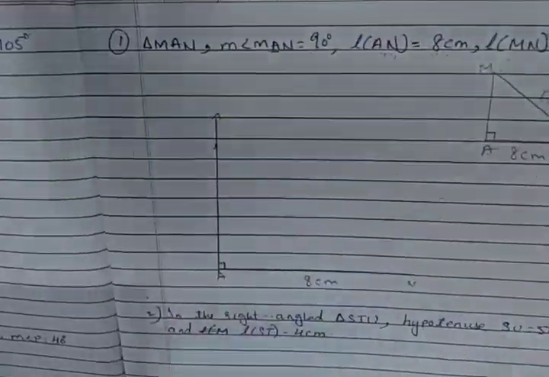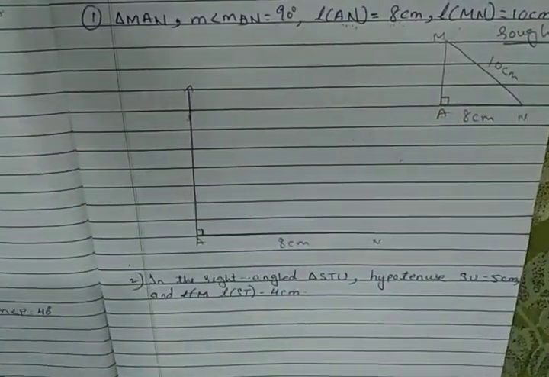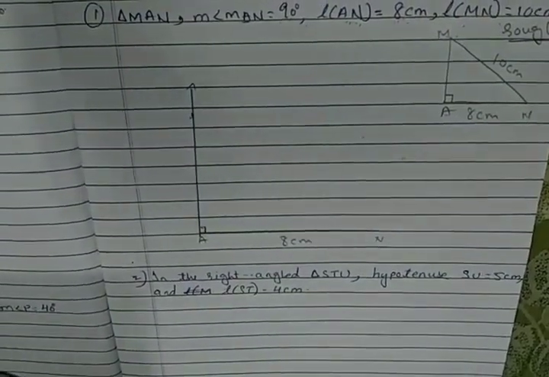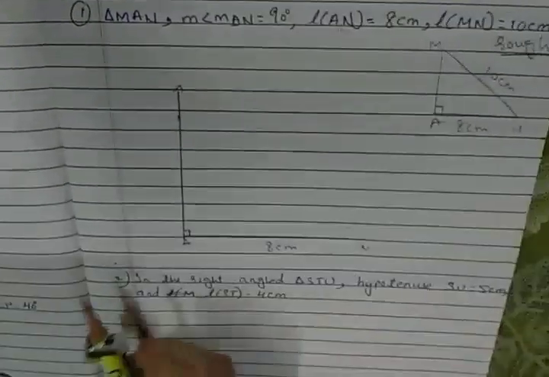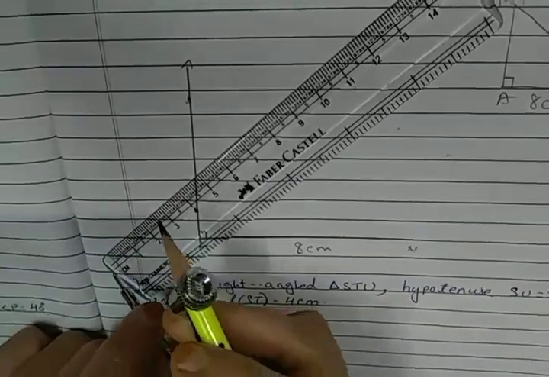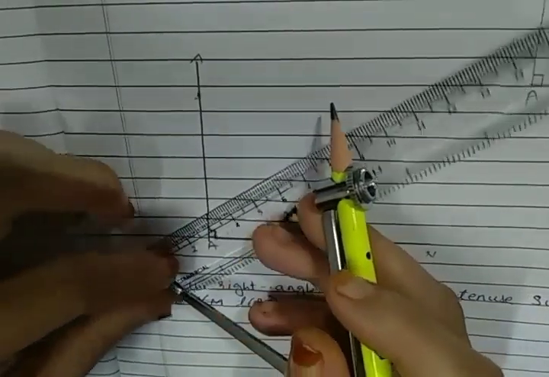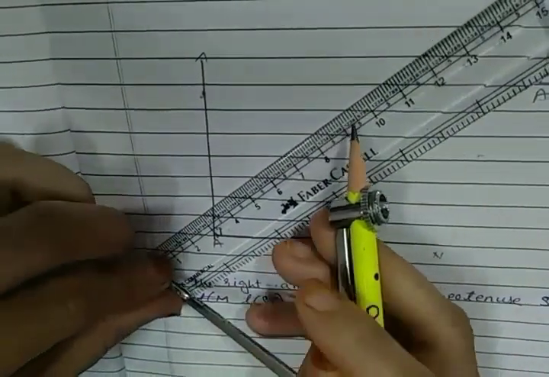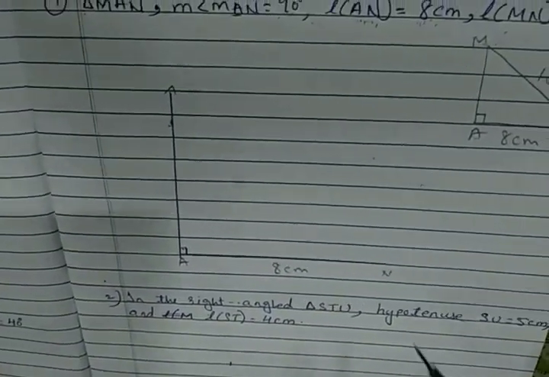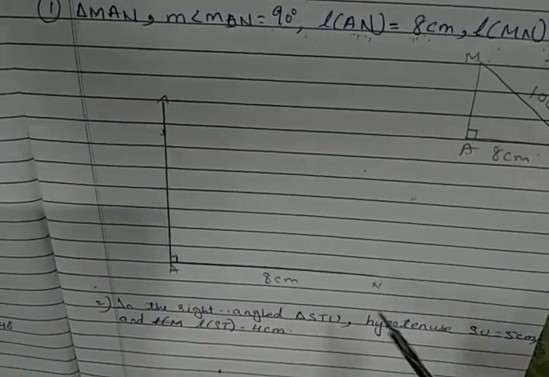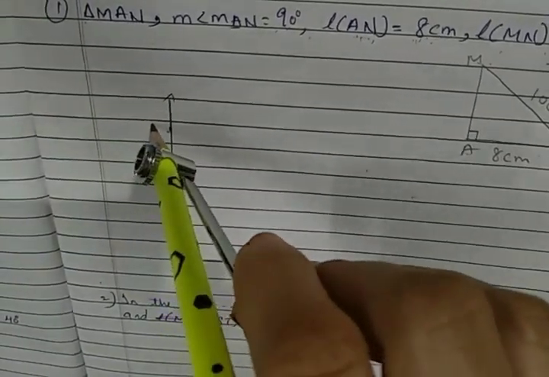Then now what we have to do next? MN 10 centimeter. Now open the compass to 10 centimeter, like this. You have to take like this. See here, 10 centimeter, and keep this compass on point N and make one arc over here like this.